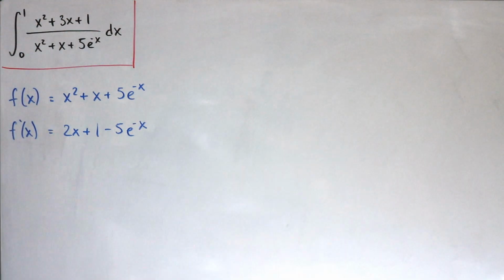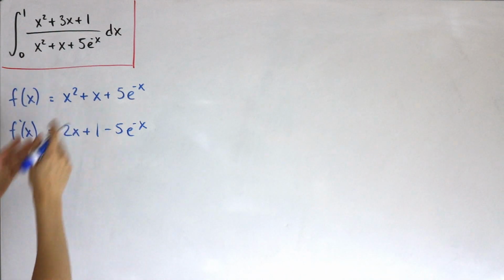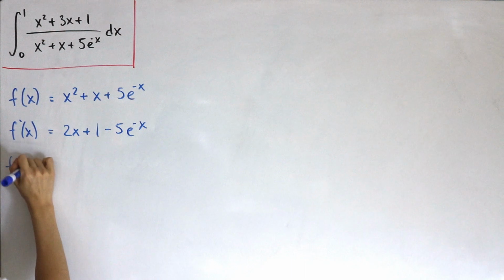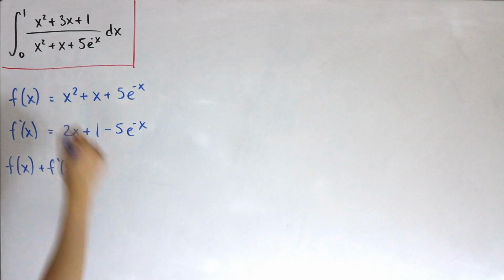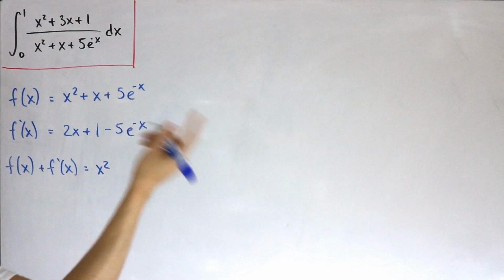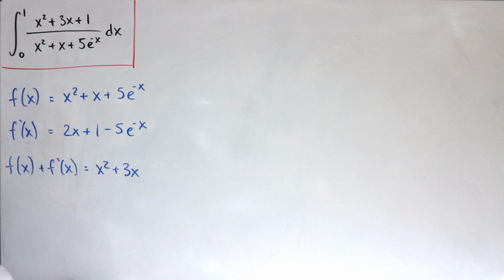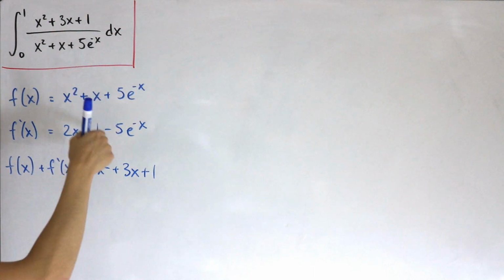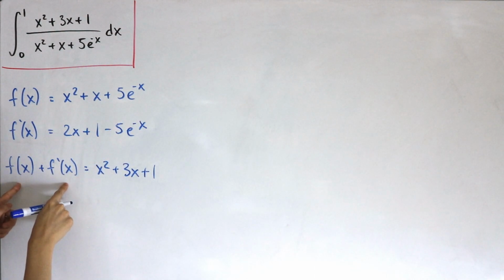Well, check this out. When I add these two functions together, f of x plus f prime of x, I have an x squared, then x plus 2x, so plus 3x, and then plus 1, and then 5 e to the negative x minus 5 e to the negative x is 0.